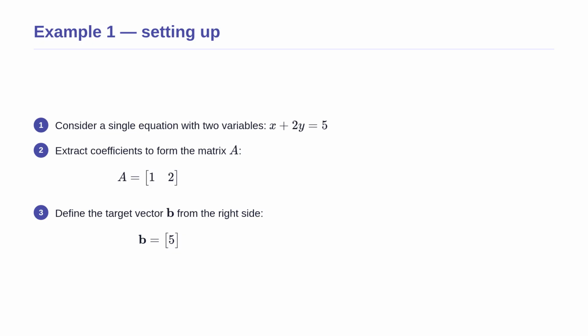We want to find the minimal solution, the specific pair of x and y that satisfies the equation while being closest to the origin. First, we extract the coefficients of our variables to form the matrix A, which is just one row with the numbers 1 and 2. Next, we define a target vector B, which is simply the number 5 from the right side of our equation.